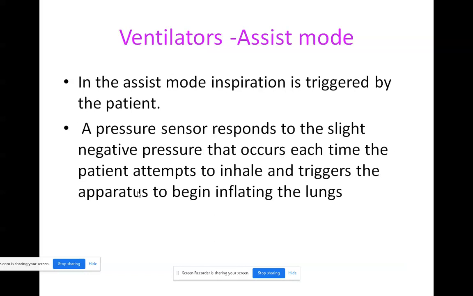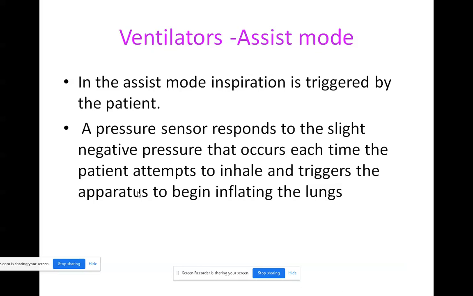And now we are going to see the assist mode of the ventilator. In the assist mode, inspiration is triggered by the patient. A pressure sensor responds to the slight negative pressure that occurs each time the patient attempts to inhale and triggers the apparatus to begin inflating the lungs. That means you are going to use the pressure sensor in the ventilator's assist mode.